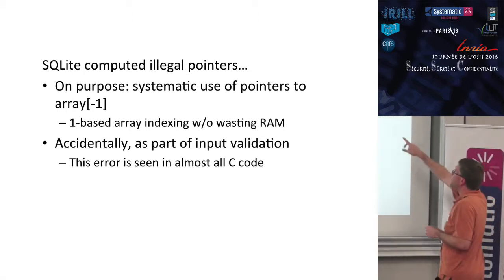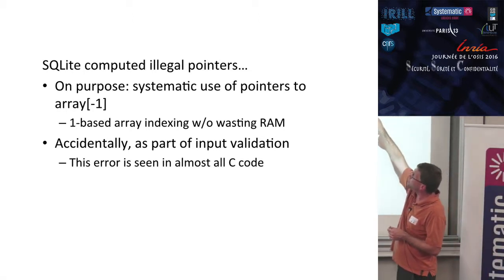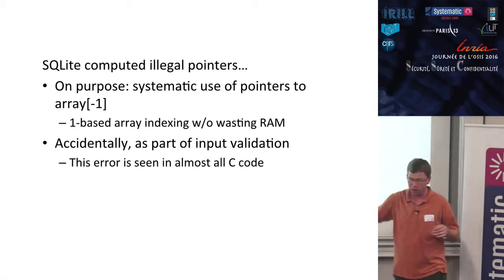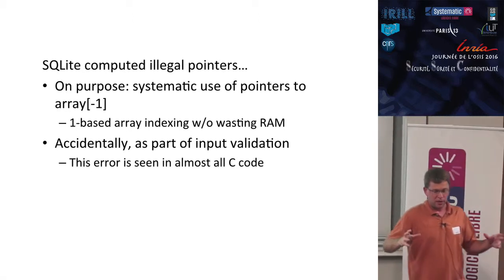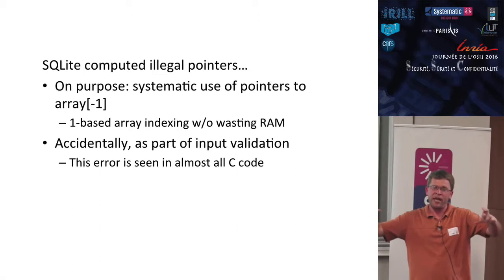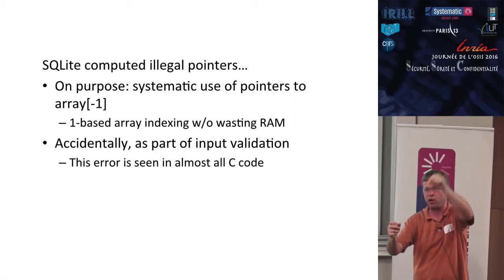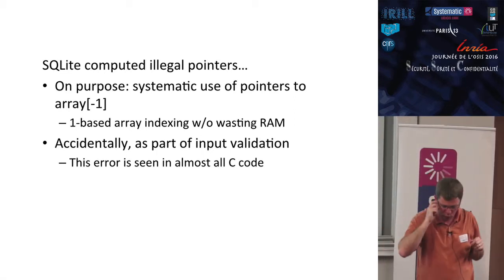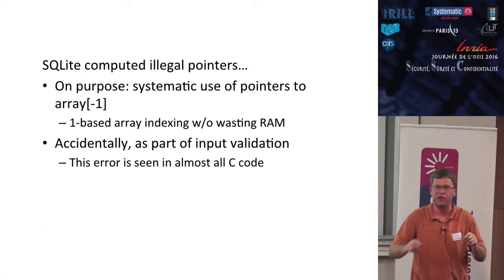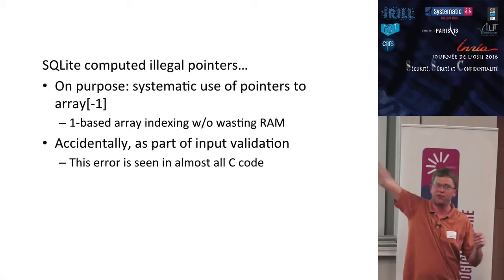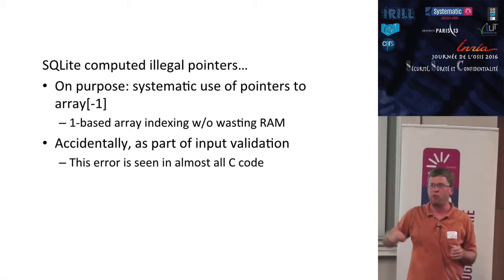We found some systematic uses of invalid pointers, and also some as part of input validation. It's often the case that there's an array of data received from the network, an untyped array, and as part of validating it you make a pointer point to various parts of the array. It's really common in code that's doing input validation to index past the end of that array and do illegal pointer manipulation.